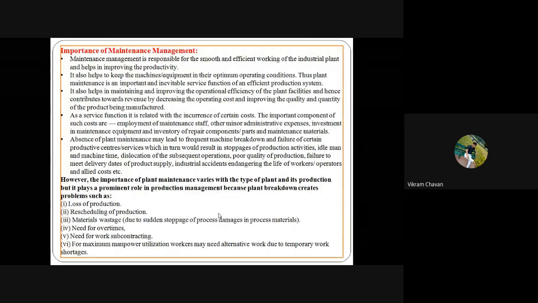So these are some of the consequences if the production department does not work properly, or if the industry does not have a maintenance department. Then there will be a collapse of these things at the industry shop floor.